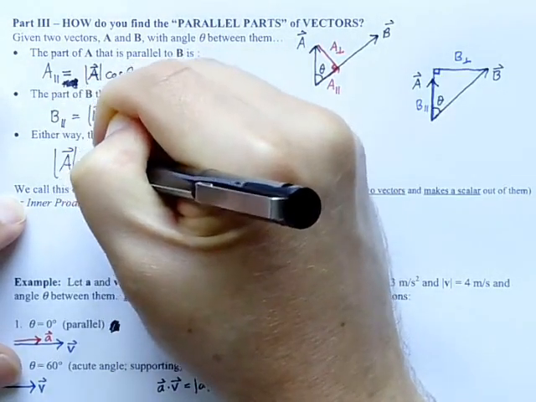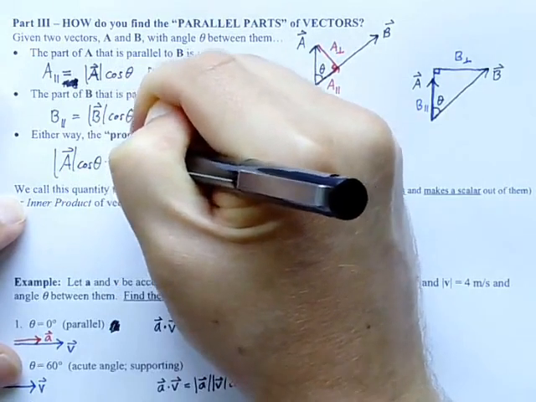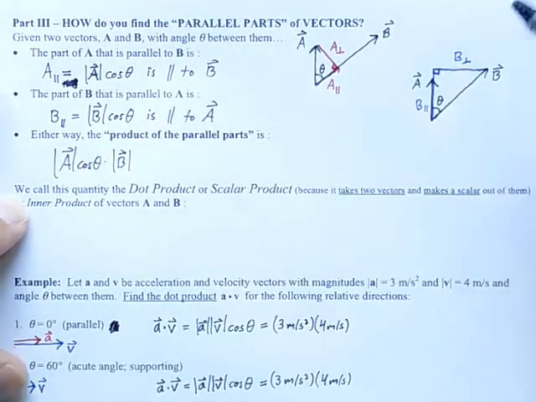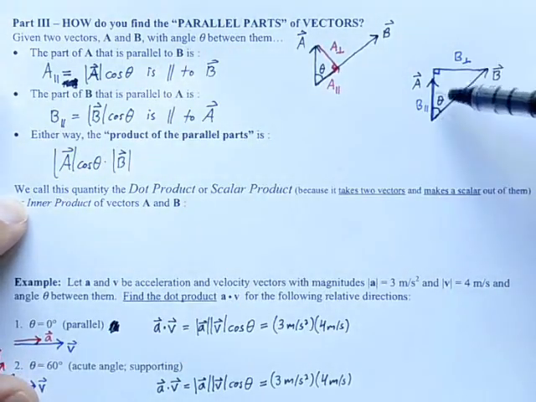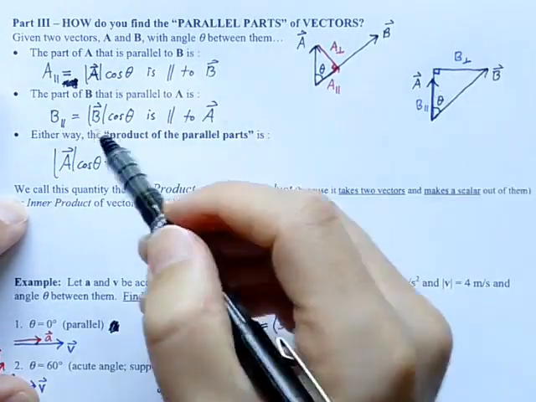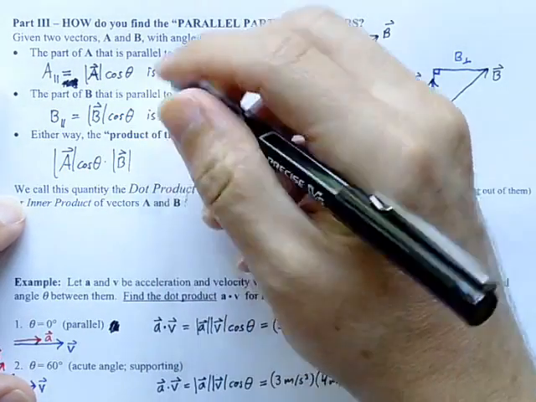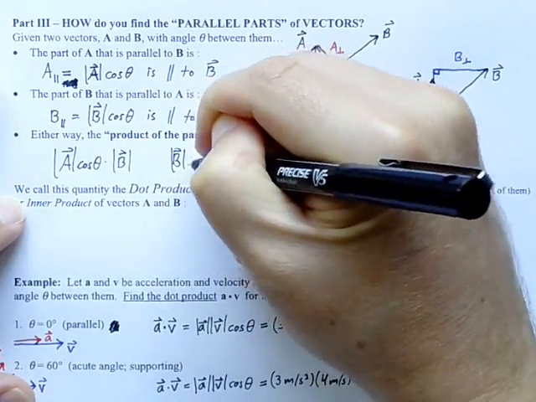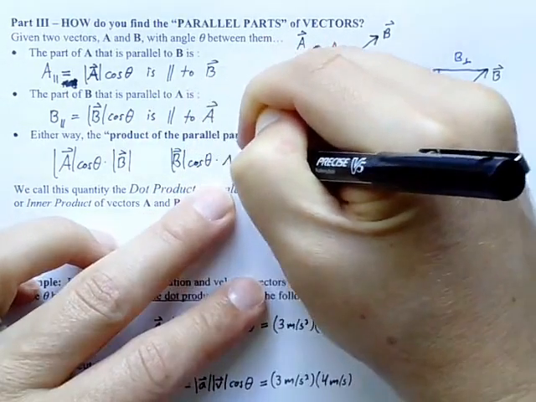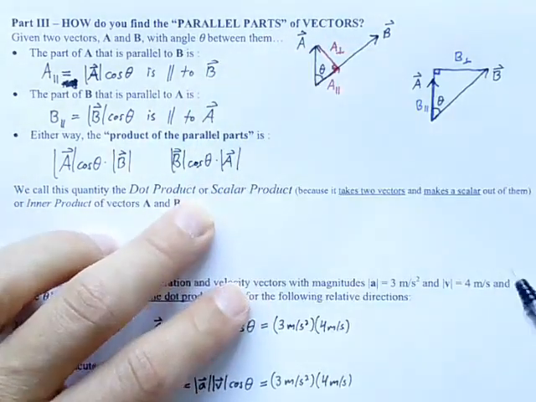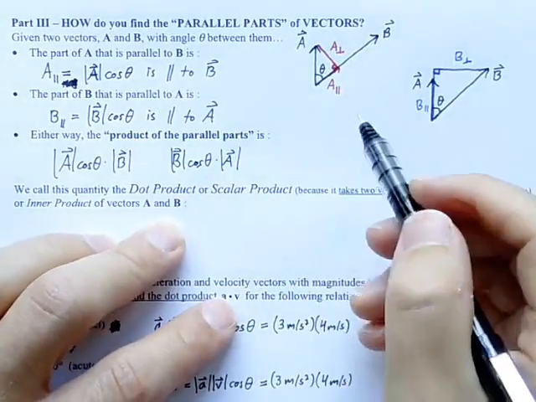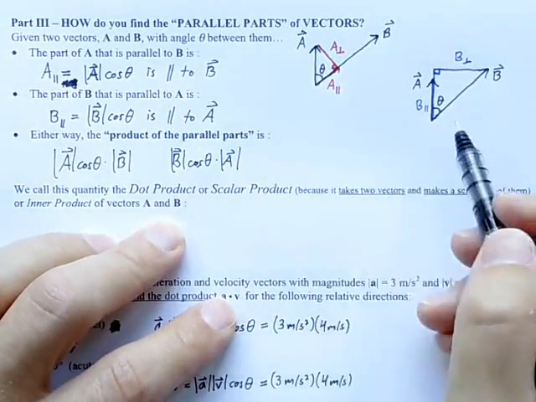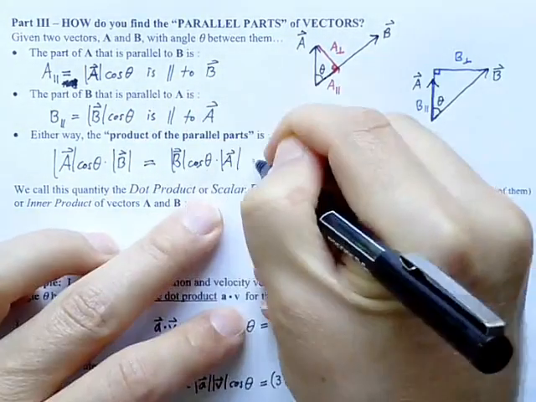Or from this point of view, I would take B cosine theta times the magnitude of A. That's the product of their parallel parts, and we see that either way, we get the same result.